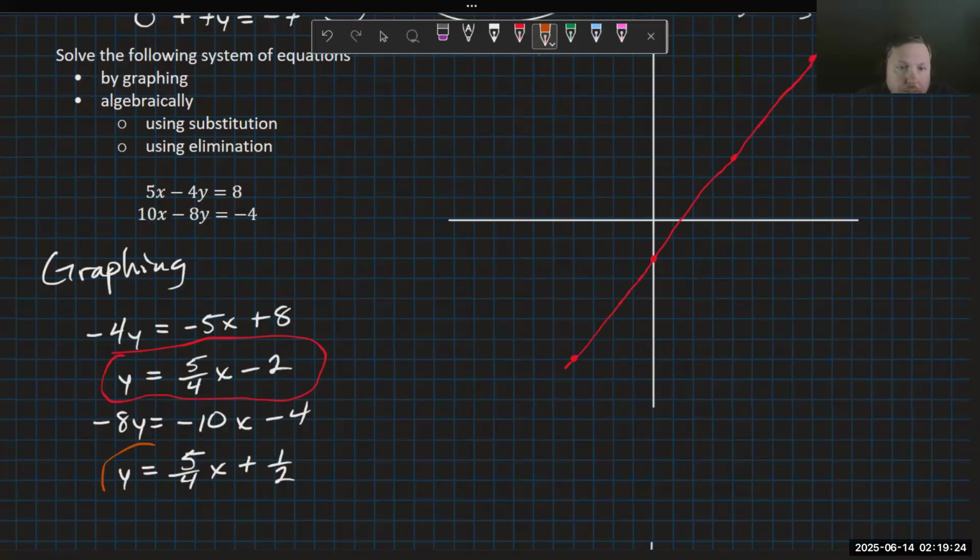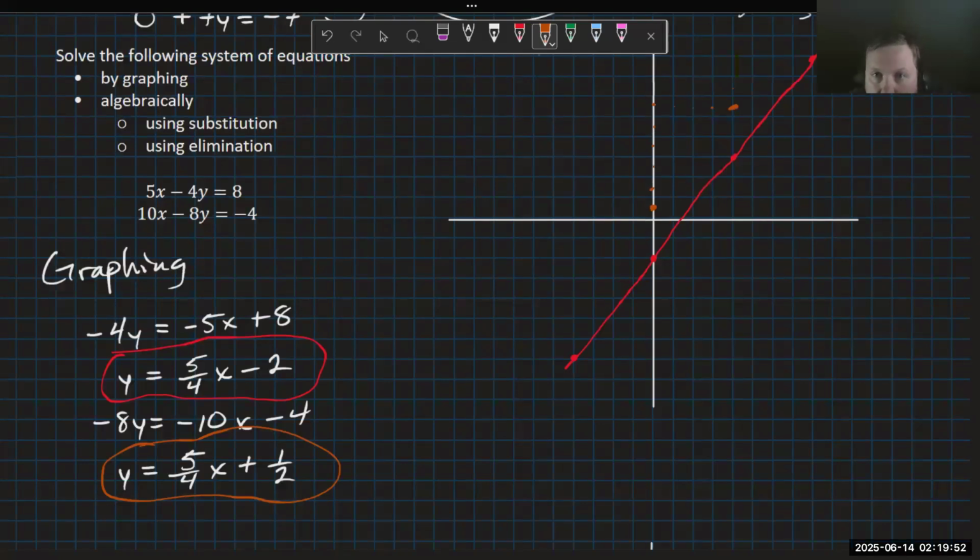And then next. So now I have a y-intercept of 1/2. Okay, so 1, 2, 3, 4, 5. 1, 2, 3, 4. Okay, 1.